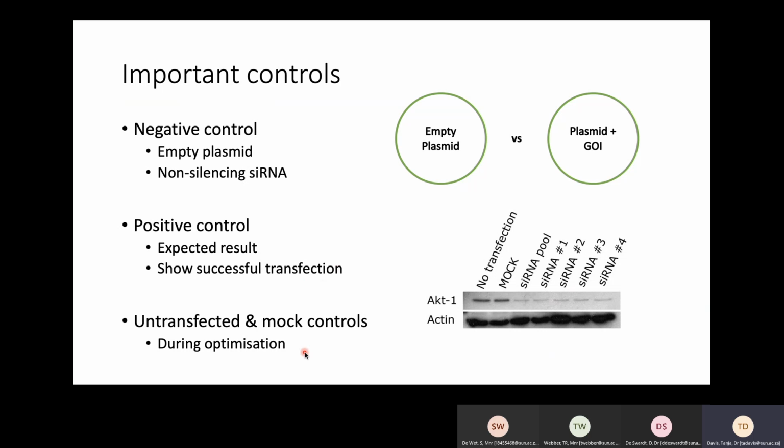Then including these controls will show you whether your transfection process is actually a bit too harsh on them, and by including a mock control, you can see whether this is due to the transfection reagent itself, or whether the thing that you're transfecting, for instance, the protein overexpression or something, is actually causing something else in the cell. So this can actually help you out doing troubleshooting as well.